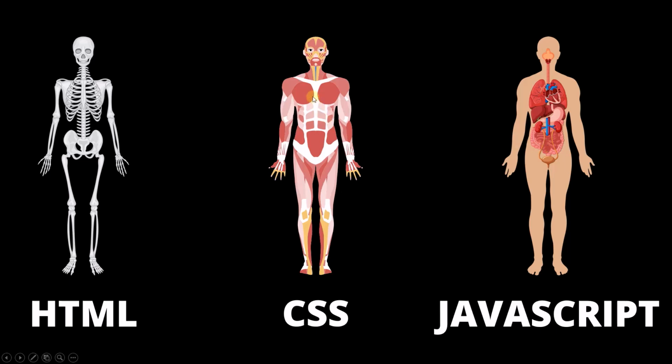It is not enough if you just have a skeleton, muscles, and skin. You need to have other organs too. You need to have a heart to pump blood. You need to have lungs to purify air, to breathe. In other words, you need all these organs to give functionality to the body.